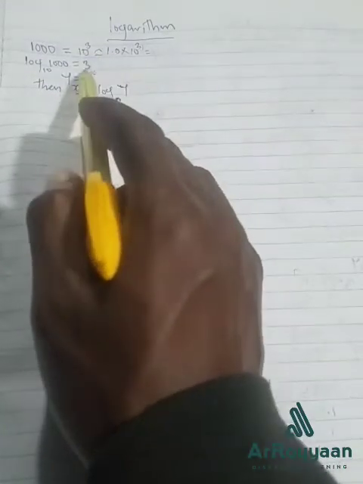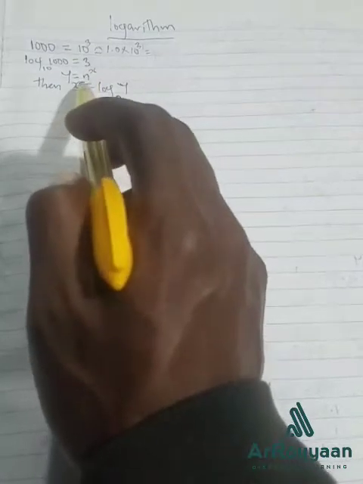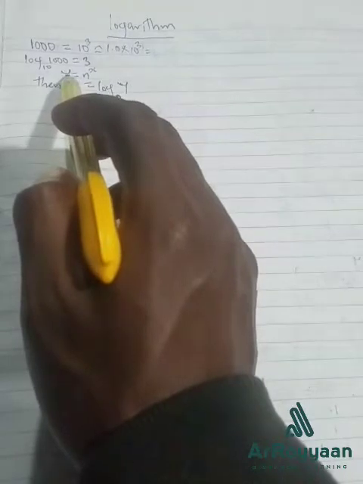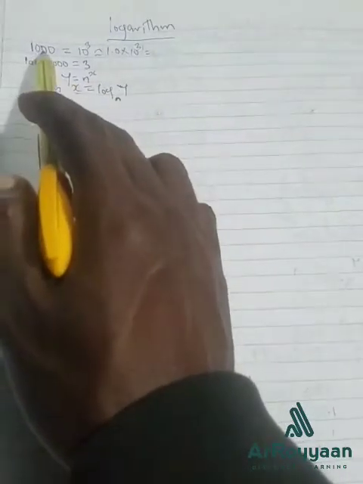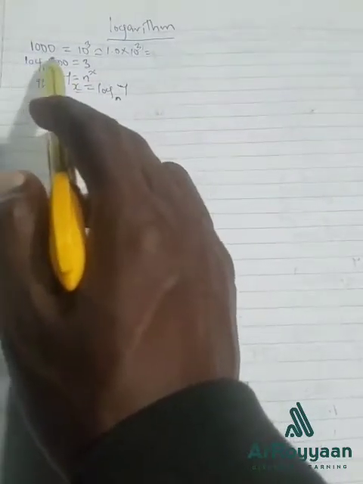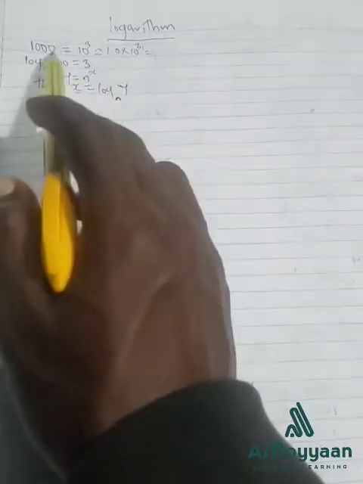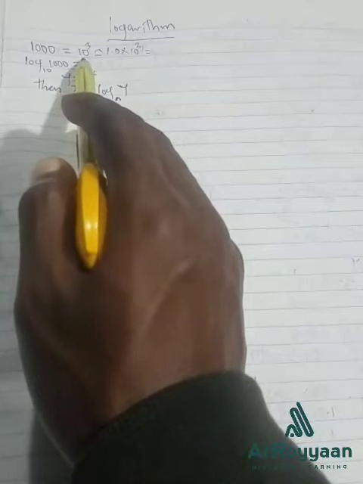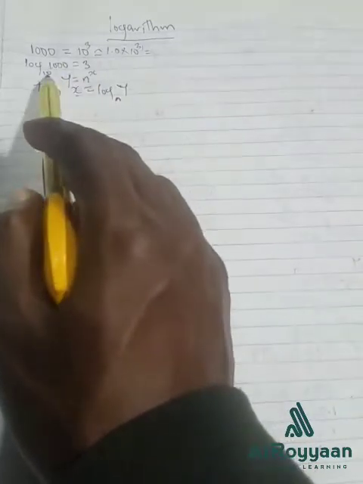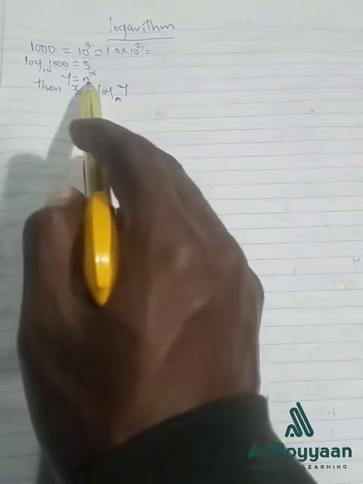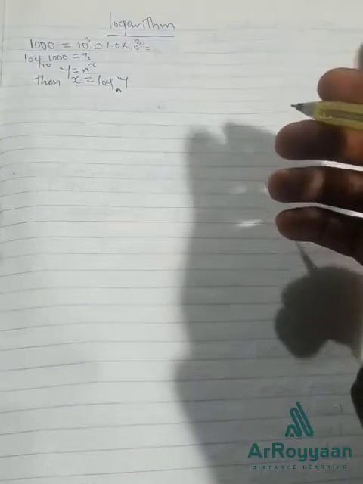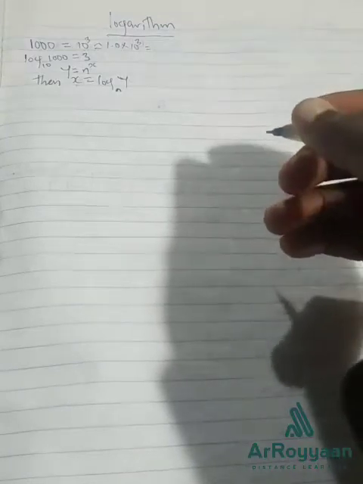Our y, which is the 1000, will be log 1000, log y base the one that has the raised power, that is 10. Log 10, the one that has the raised power, that's log n. I hope it's clear.